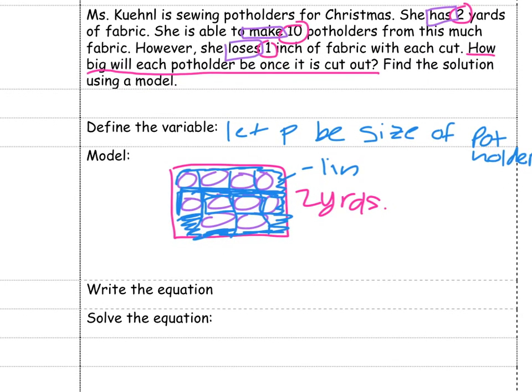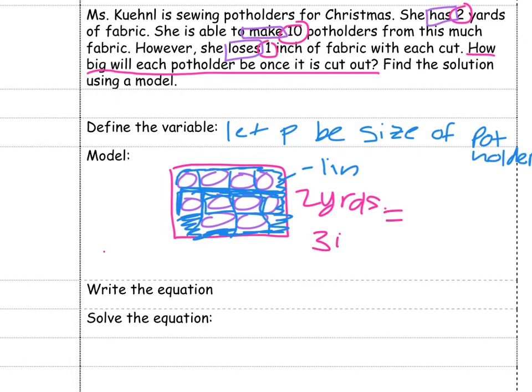So before we start, we have to convert the yards to inches. So first, think about how we can convert yards to inches, because we want to make sure our units are the same. So there are 36 inches per 1 yard.